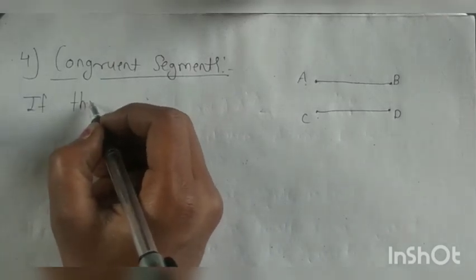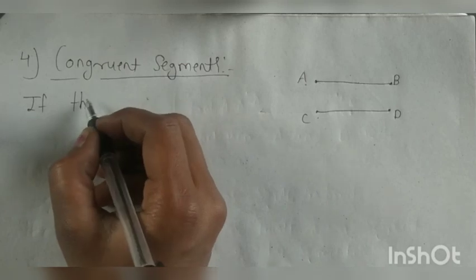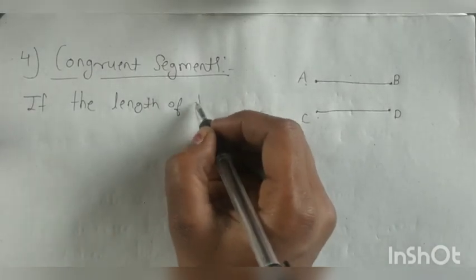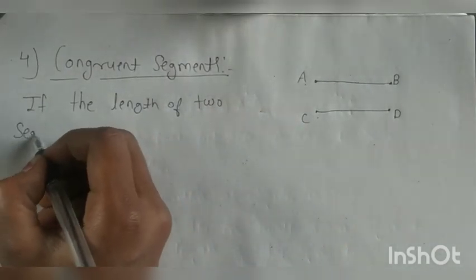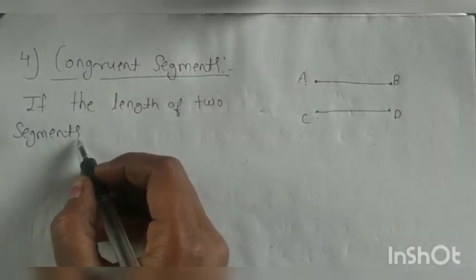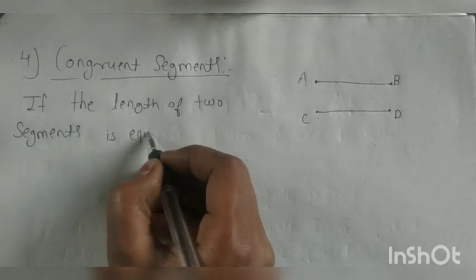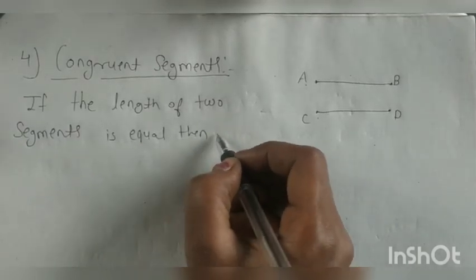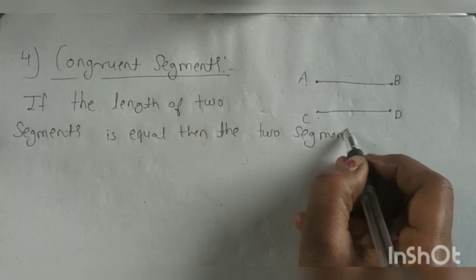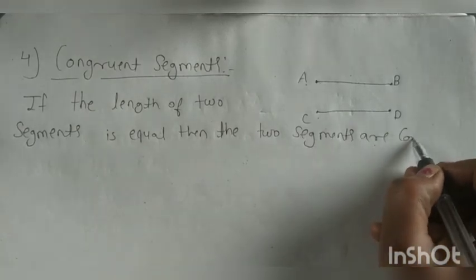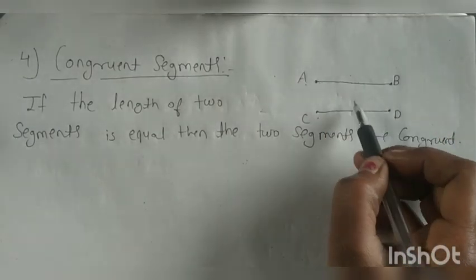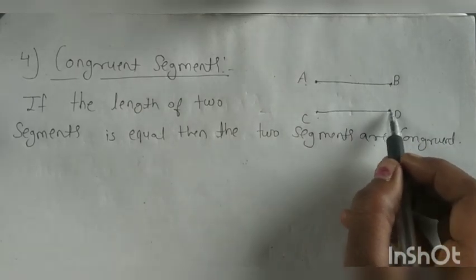Now see what a congruent segment is. If the lengths of two segments are equal, then the two segments are congruent. We have two segments, AB and CD.